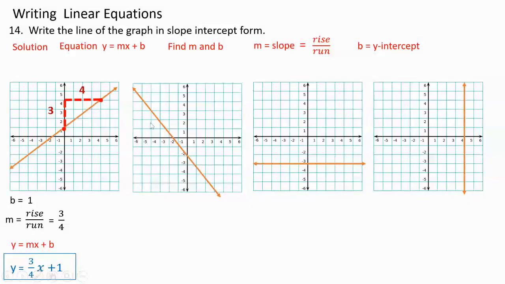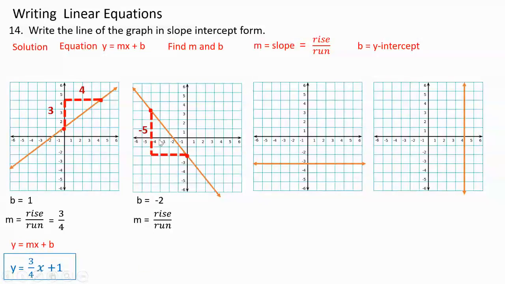Now let's do the second one here on number 14. Here, guys, my b is -2. Now we have to pick another point that goes exactly through a corner on the grid. I believe this one here will be the correct one. If we notice, this is going to be a negative slope because it's going down from left to right. It's going to go down 1, 2, 3, 4, 5, and to the right 1, 2, 3, 4.